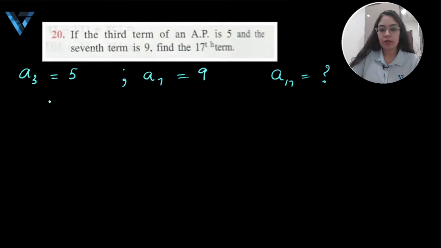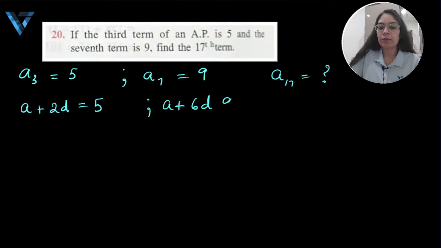Now, the third term's formula we can write as A plus 2D, which is equal to 5, and A7 is A plus 6D, which is equal to 9.